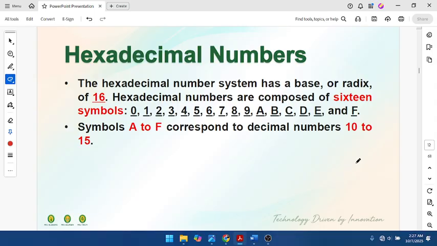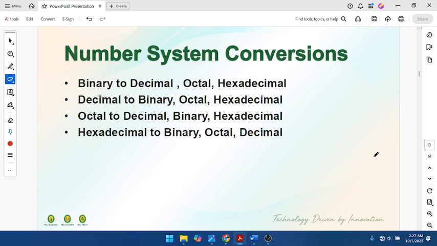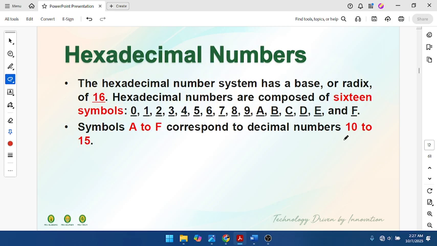And for the hexadecimal conversions, the number system has a base or radix of 16. From 0 to 9, these are numerical digits.